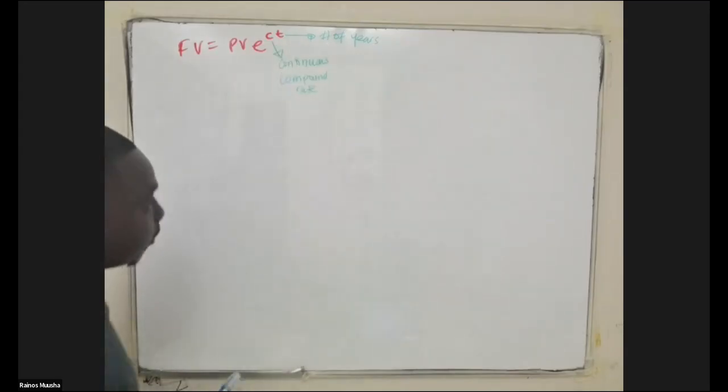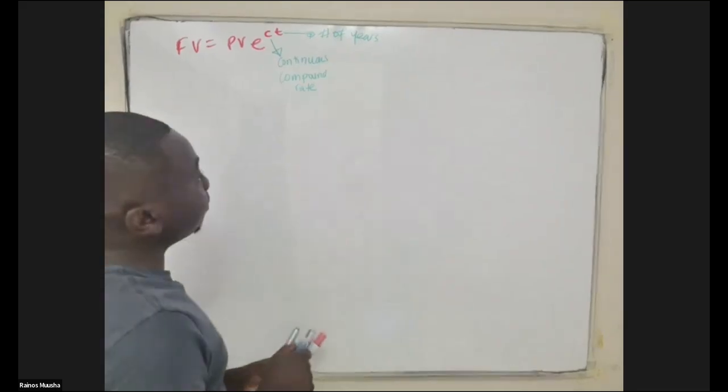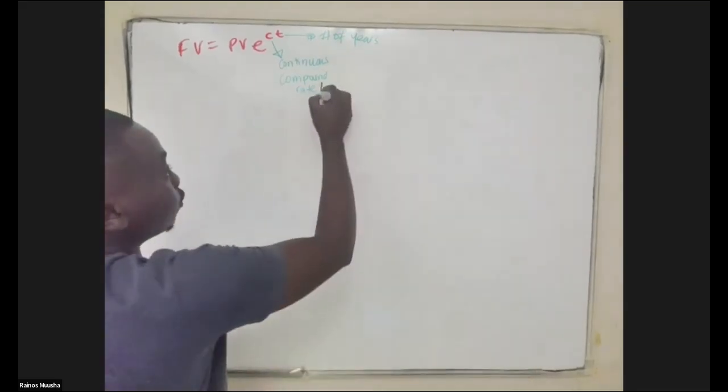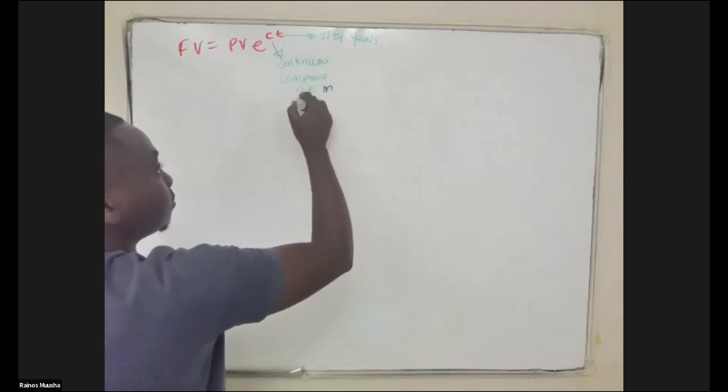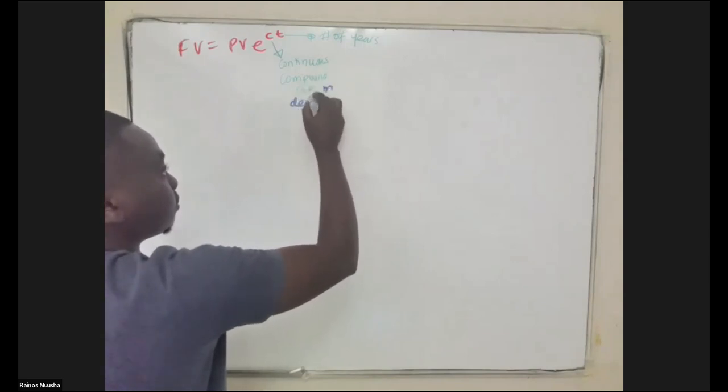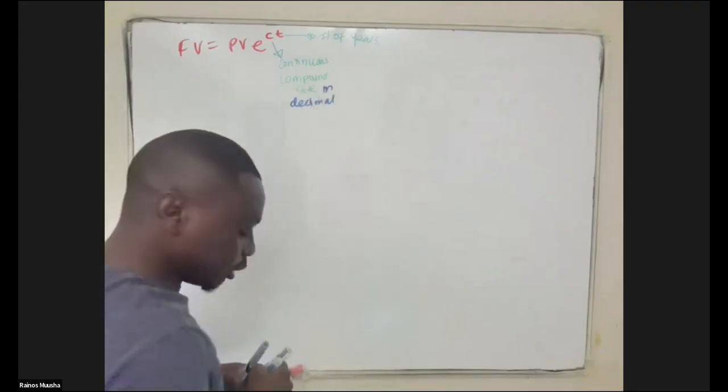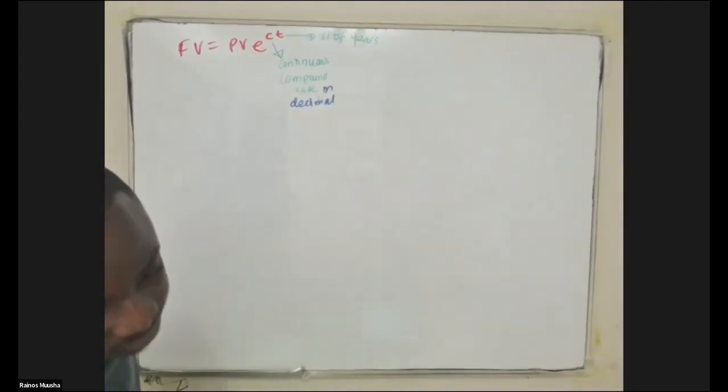And the continuous compound rate, remember we said whenever you're putting something in a formula, it has to be in decimal format.